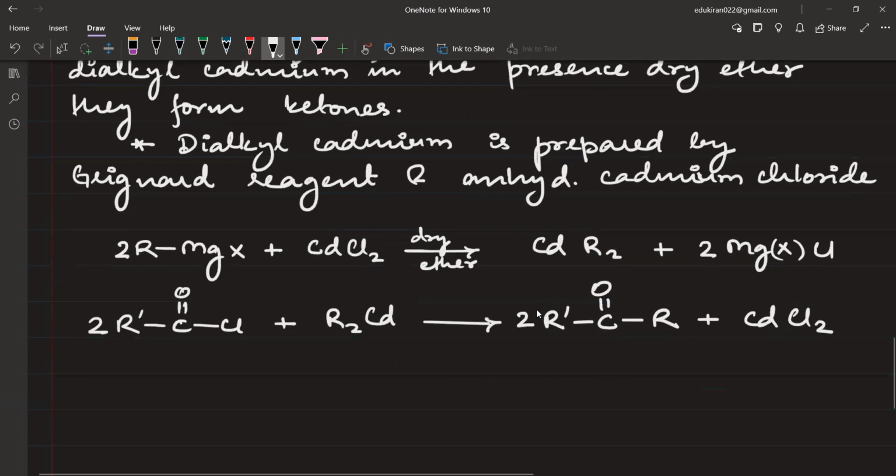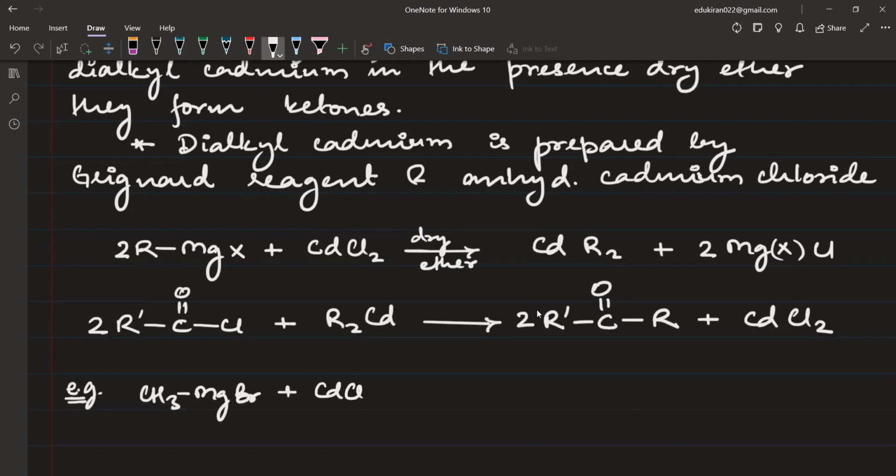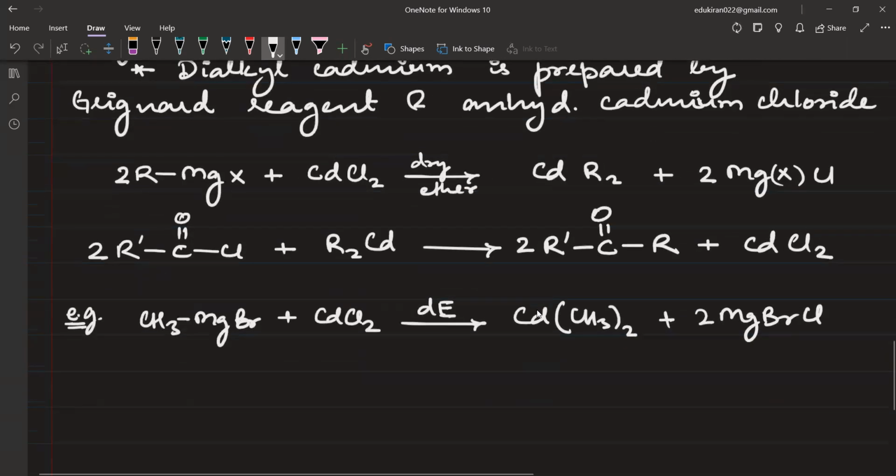For a specific example, please see. I'm starting with CH3MgBr plus CdCl2 in the presence of dry ether. This gives me Cd(CH3)2, plus 2 MgBrCl. We get dimethyl cadmium here.